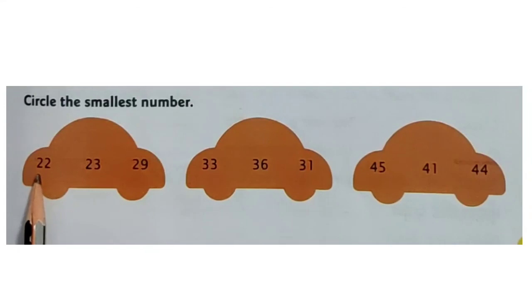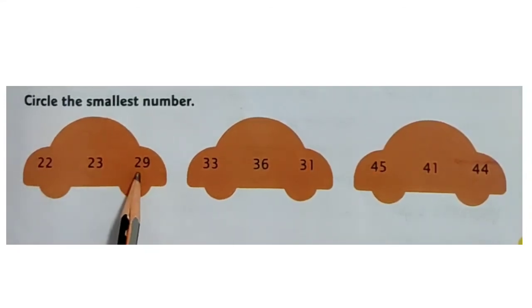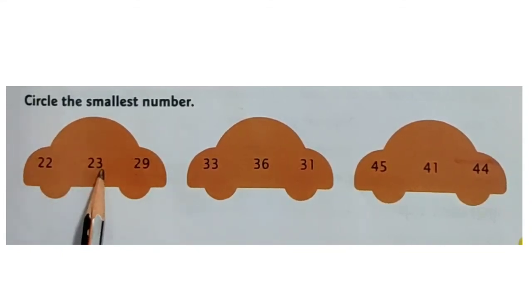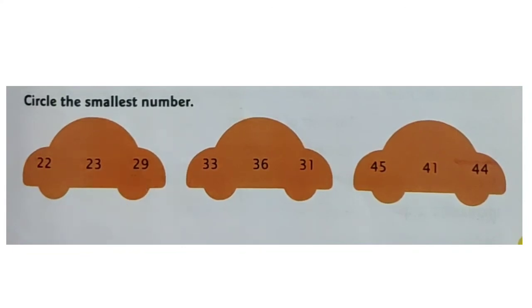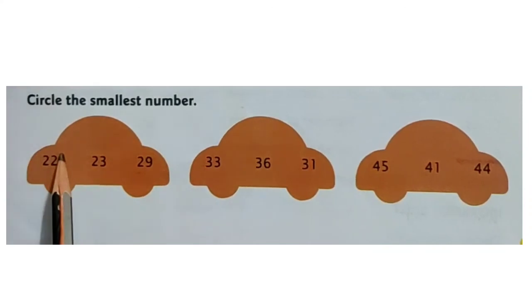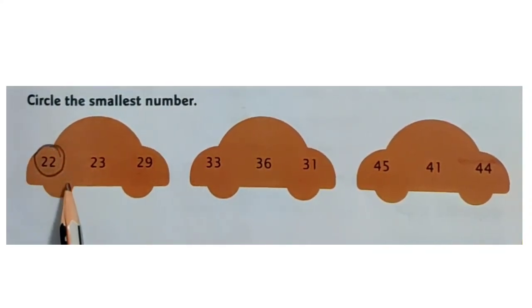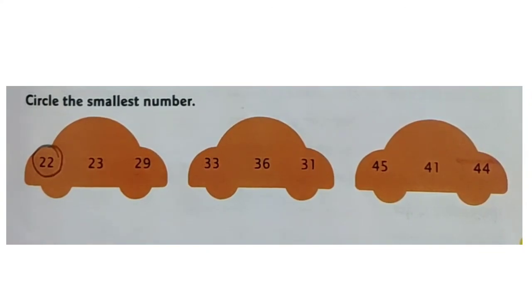Compare the tens place first. 2, 2, 2. All are having the same numbers. So go for the next place, that is ones place. Here 2, 3 and 9. Which number is small out of these three? Is it 2, 3 or 9? It is 2. Circle 22. 22 is smallest of the three given numbers.